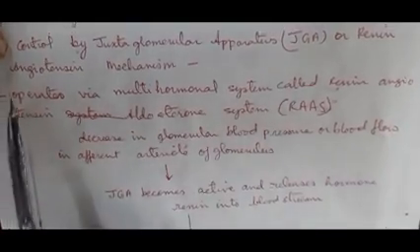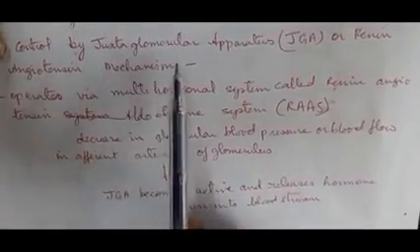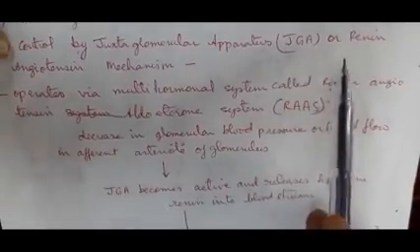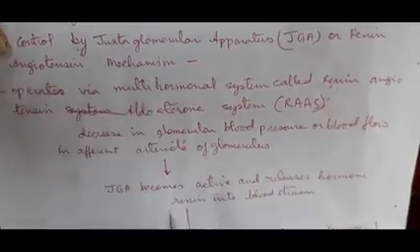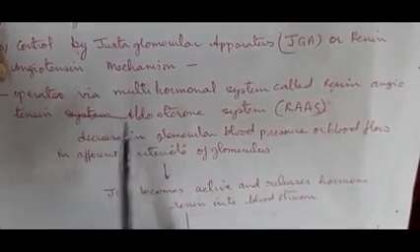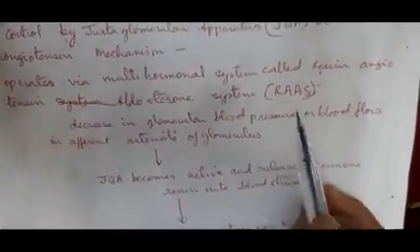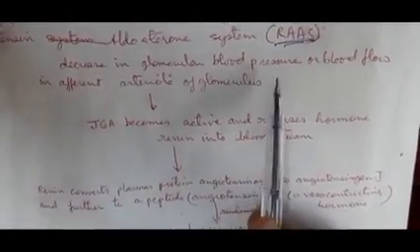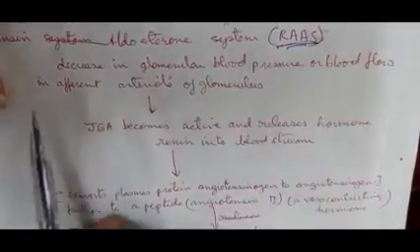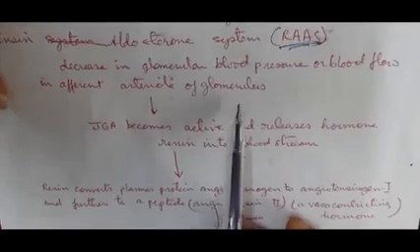So now we will be studying about the renin-angiotensin system. It is controlled by the juxtaglomerular apparatus, JGA, or renin-angiotensin mechanism. It operates via a multi-hormonal system called the renin-angiotensin aldosterone system, or RAS. So what happens when there is a decrease in glomerular blood pressure, or blood flow in the afferent arteriole of the glomerulus decreases?